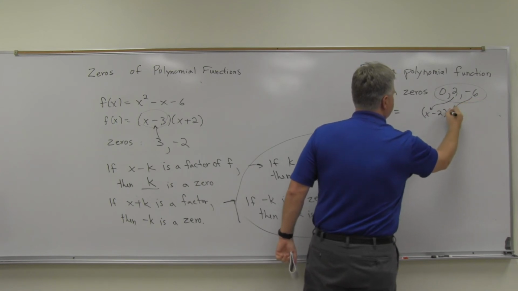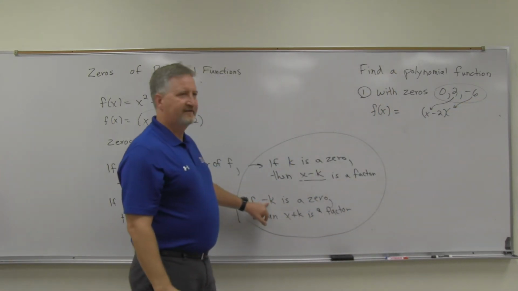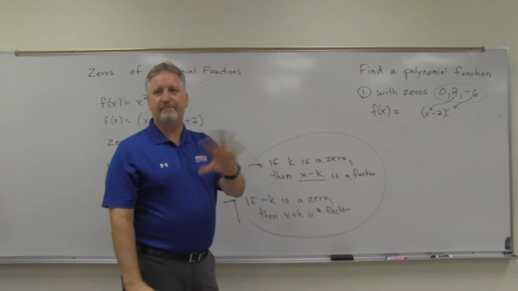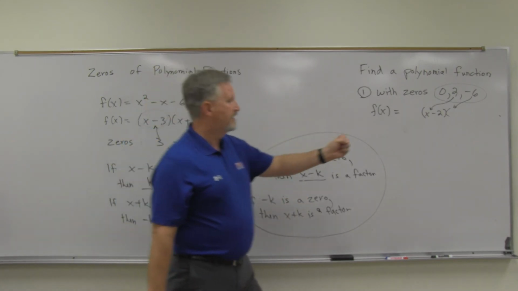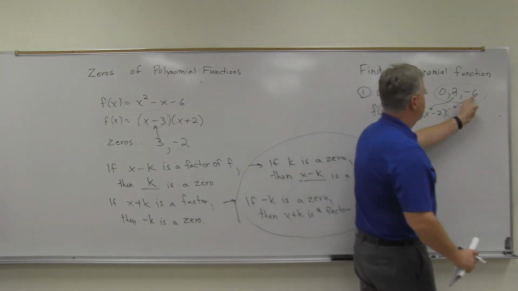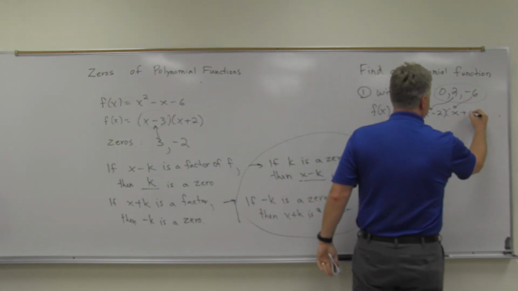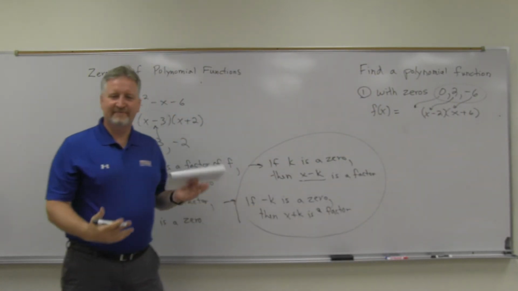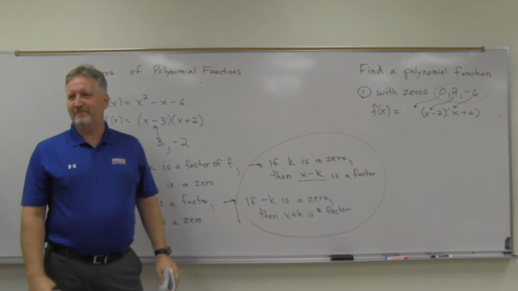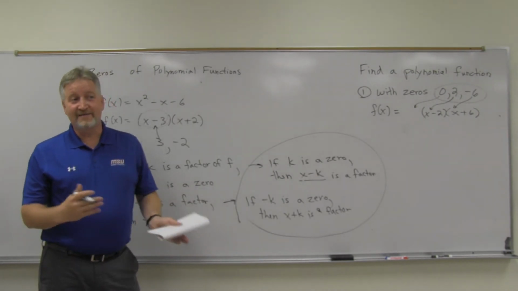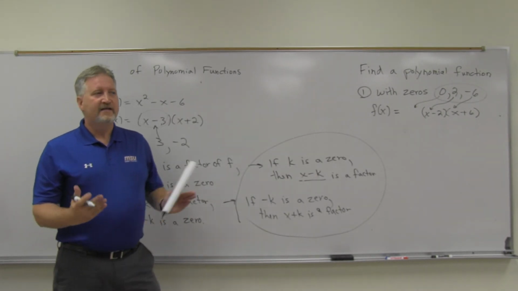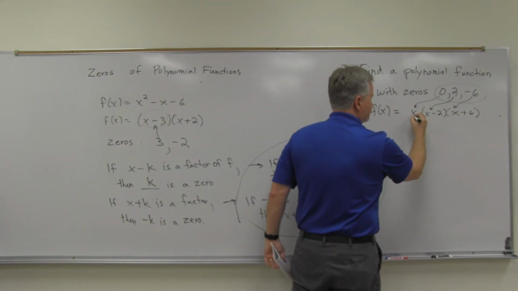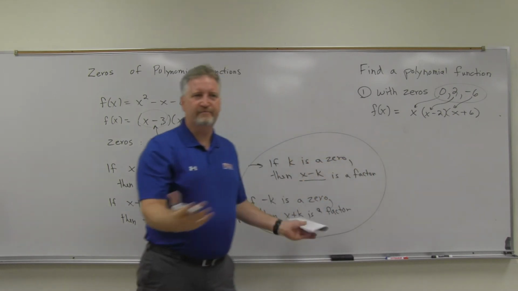If negative 6 is a zero, what's a factor? X plus 6. It's just the opposite of what appears there. Now, 0: you could say x minus 0, but if your zero is 0, then it's just x, because x minus 0 would be still just x.